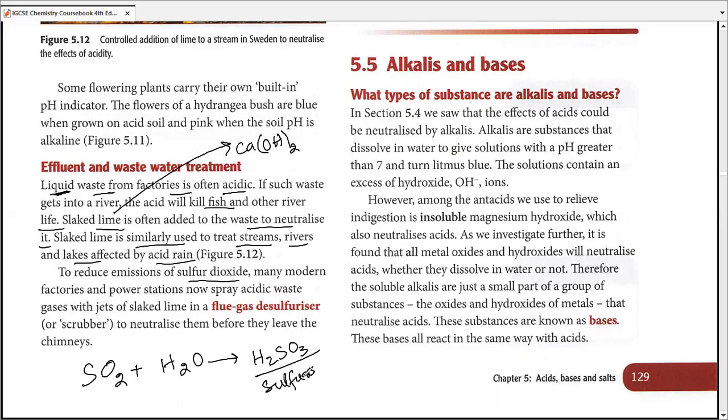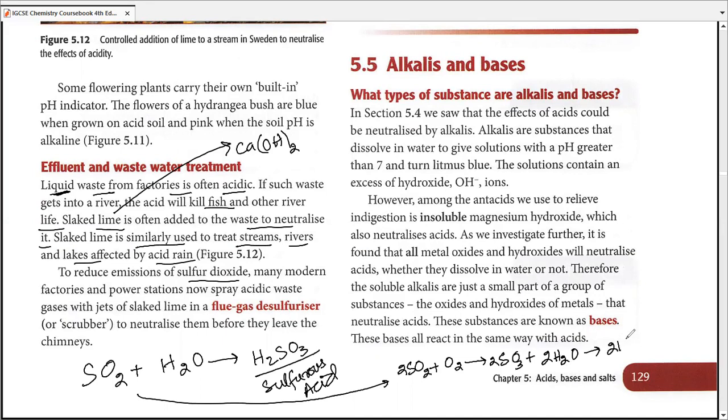Sulfurous acid is pretty acidic, or if sulfur dioxide somehow gets oxidized more, it is converted into sulfur trioxide, which can be added to water to give us sulfuric acid.